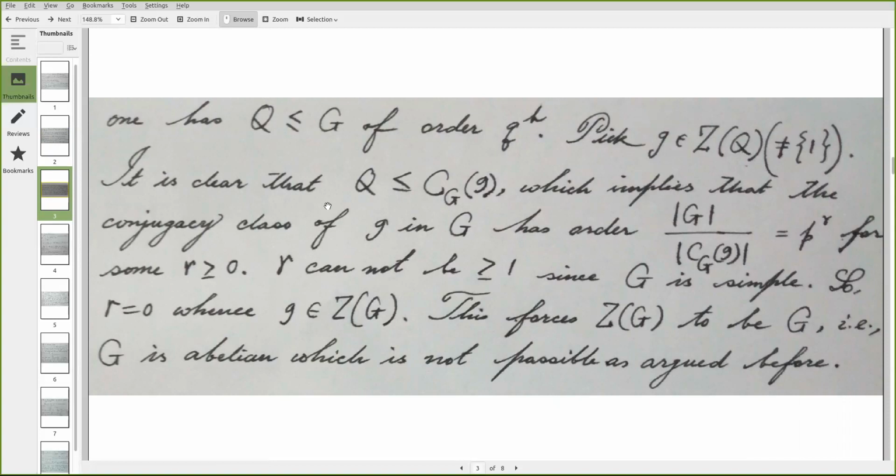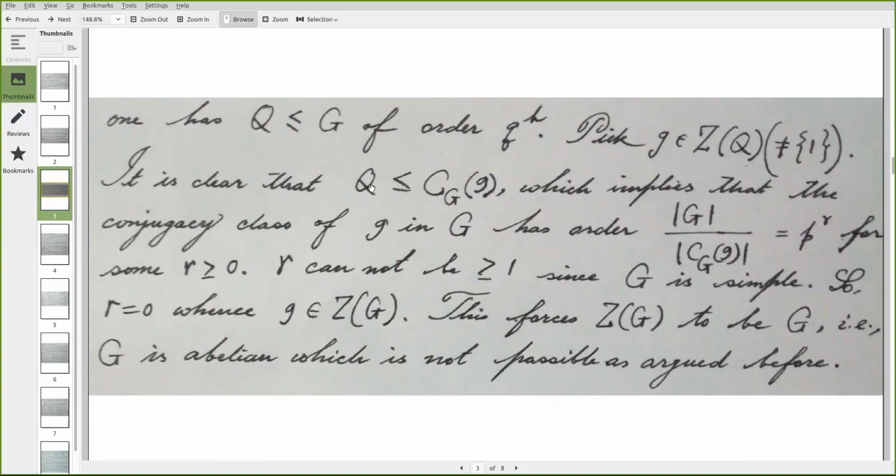Now what is clear is that since it is from the center, any element of Q will commute with it. That means any element of Q is in the centralizer of g.